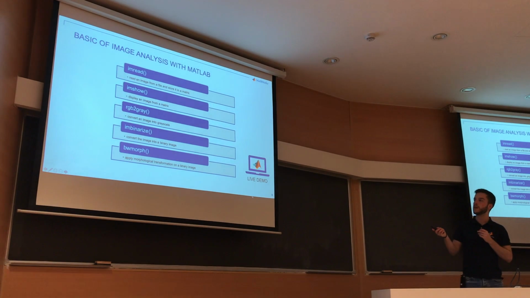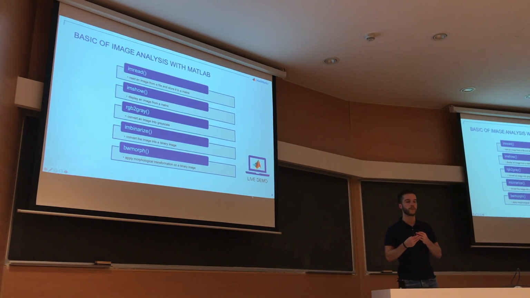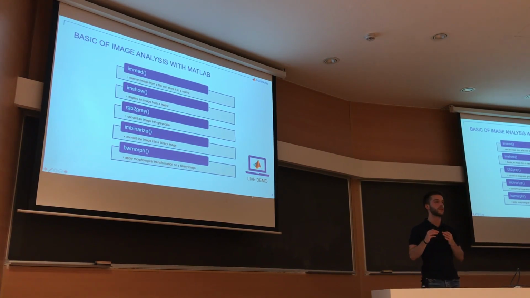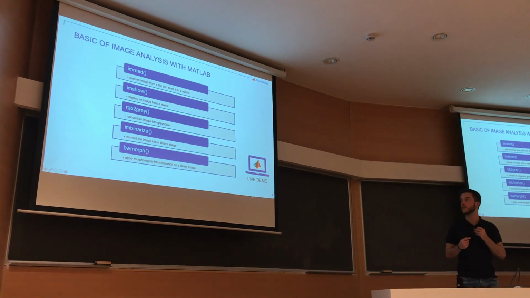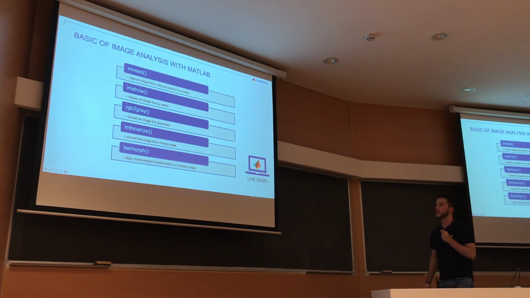So imbinarize transforms into a binary image, and so all of the pixels that are greater than some quantity will become 1, so logic value 1. The other pixels will become 0. So at the end, you obtain an image that is composed only of a border, your final border, on a black background, okay? Is it clear for everybody? We will see in a moment how this task is performed.